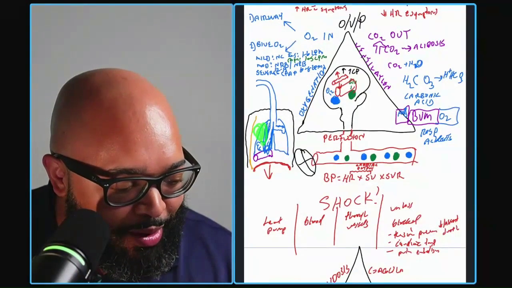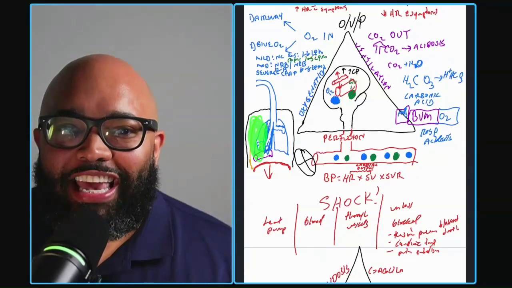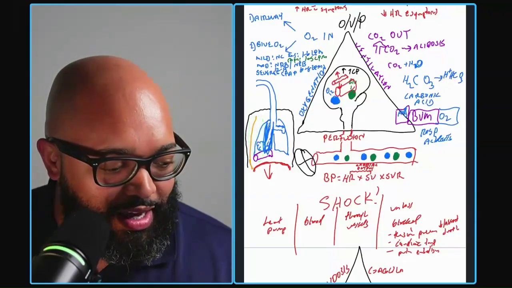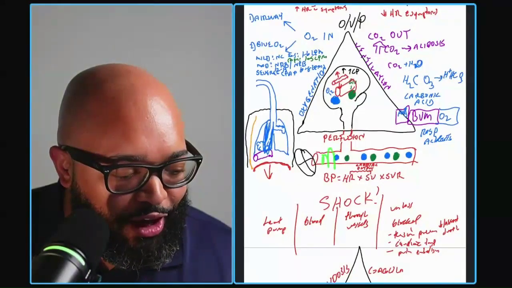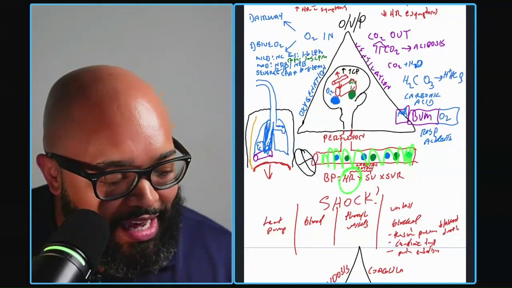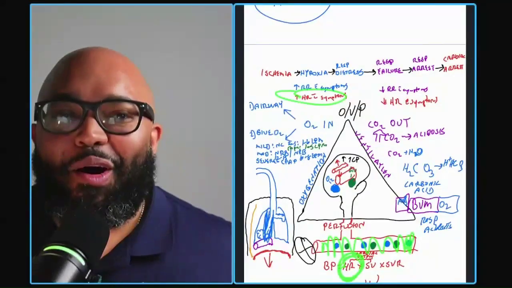And then as that pressure continues to build and build, let's say I'm over here, I now press on this inferior vena cava. What am I going to do to my blood flow? Decreased flow. Oh, wait, now I have decreased blood flow. When I have decreased blood flow, how does the heart have to compensate for it? Yes, pump harder. Aha. So now I have increased heart rate with symptoms.